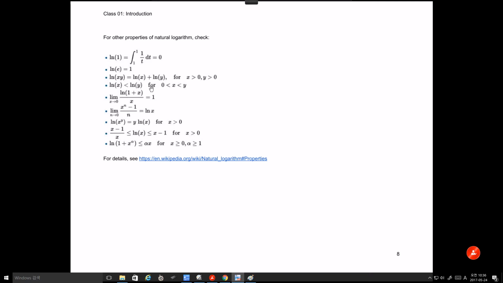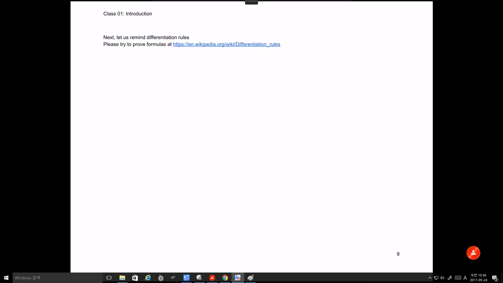And when x is less than y, log x is also less than log y. So the log function is basically an increasing function. Other properties are also interesting and you can take a look at them, and we can move to the next page.